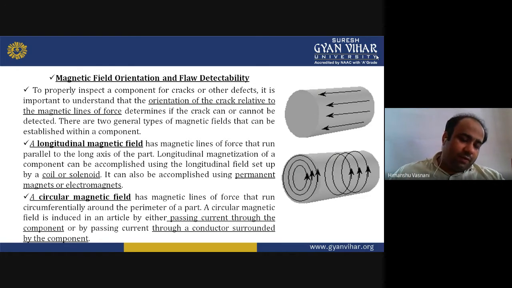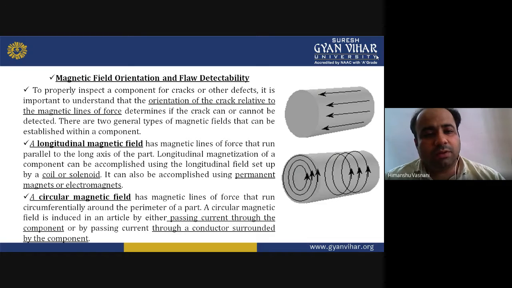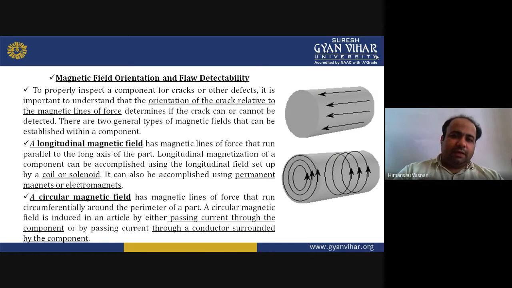A longitudinal magnetic field has magnetic lines of force that run parallel to the long axis of the part.